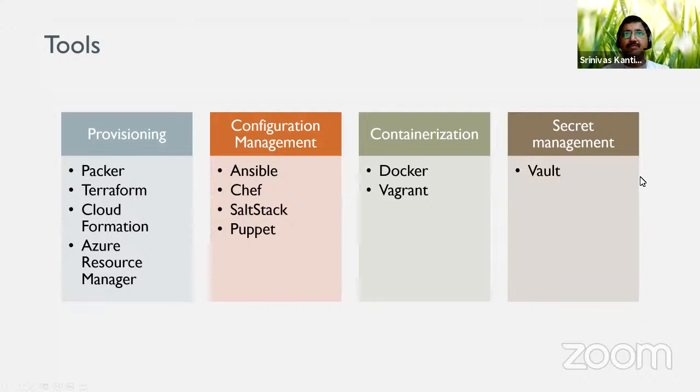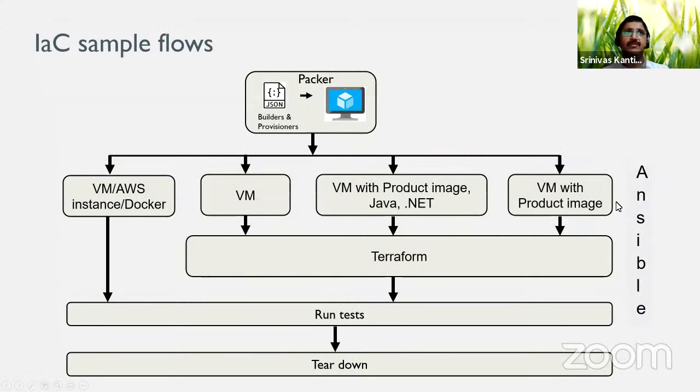Before I go to the final thing, let me show you the sample flows. There can be different ways you can use IaC. I'm showing some things that I know, how we use the flow. At the top, we have Packer. We use Packer to create the base template.